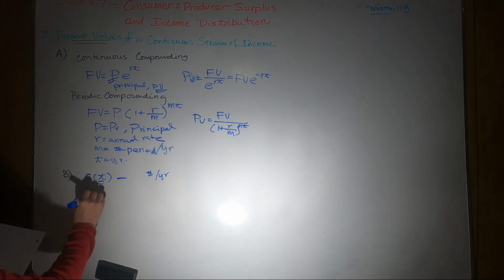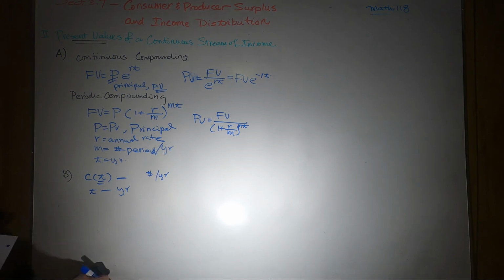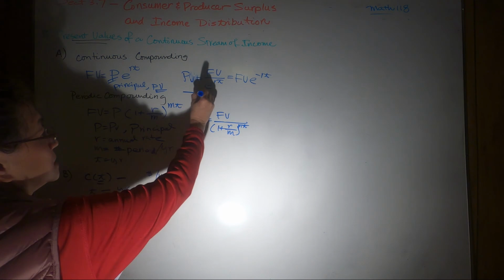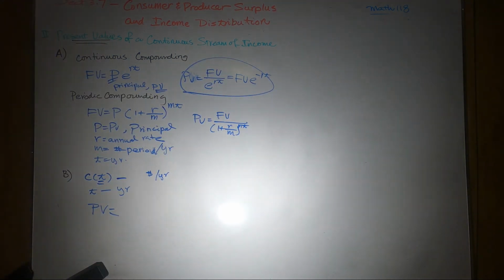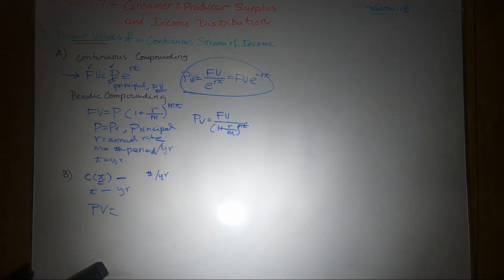Then T is the number of years from now. But this one is just one future value, one present value.